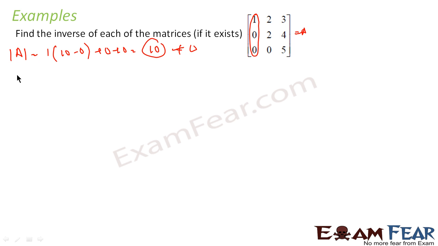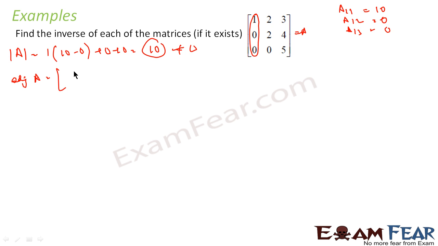Next thing is I have to find the adjoint of A. For this I have to find all cofactors, that is A11, A12, A13. I just write the values. A11 will come out to be 10, A12 will come out to be 0, and A13 will come out to be 0. Similarly, you can find other values.